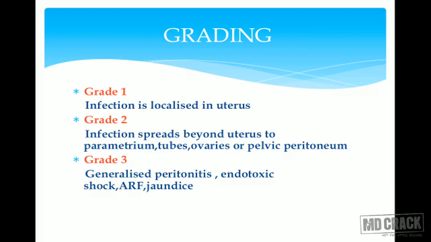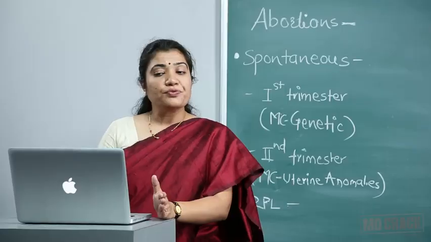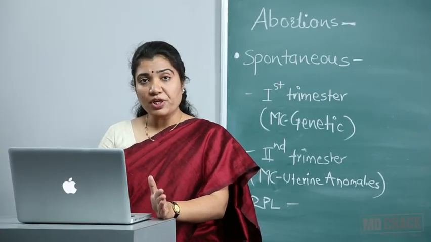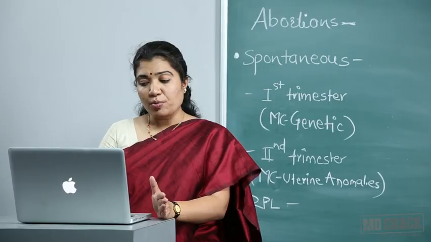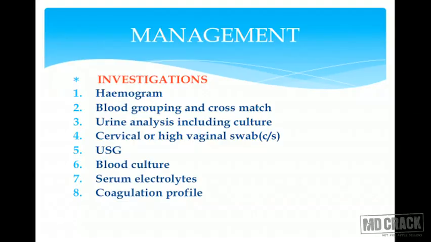Then we call it grade 3 septic abortion. This can be a cause of maternal death, so we have to be very cautious when we are treating septic abortion. Management, we need to do investigations like hemogram, blood group and cross match, urine analysis along with culture.